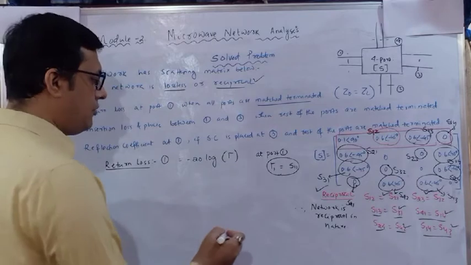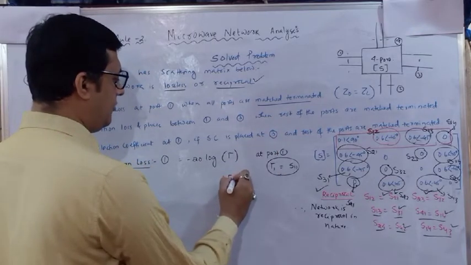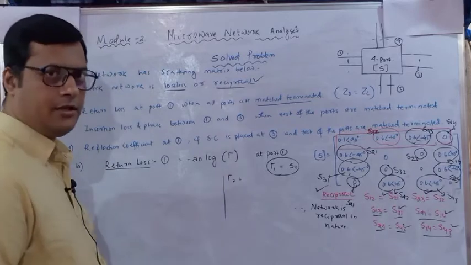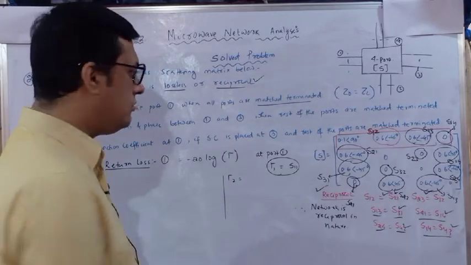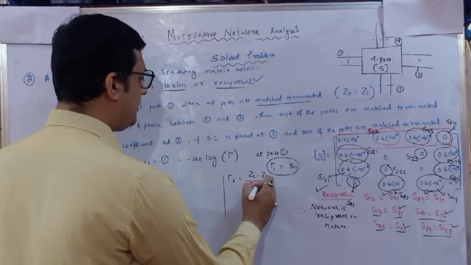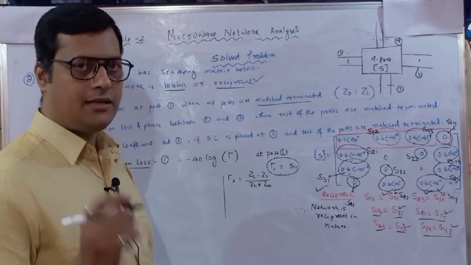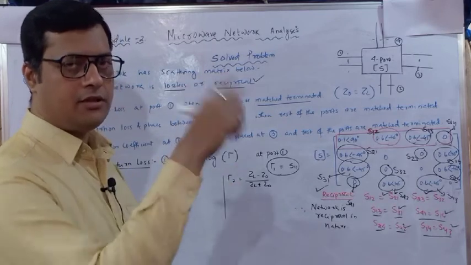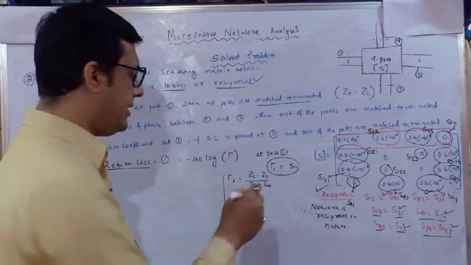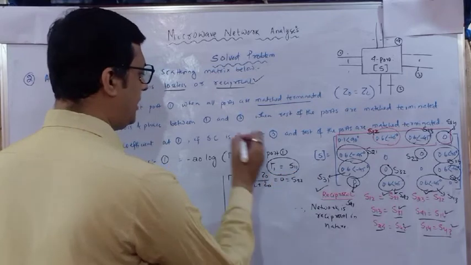I will prove it. Let me write for reflection coefficient 2. So reflection coefficient 2 is ZL minus Z0 over ZL plus Z0. Now for the match condition, what is it? Match condition means your load impedance must be equal to the characteristic impedance. So that means reflection coefficient S22 is 0.